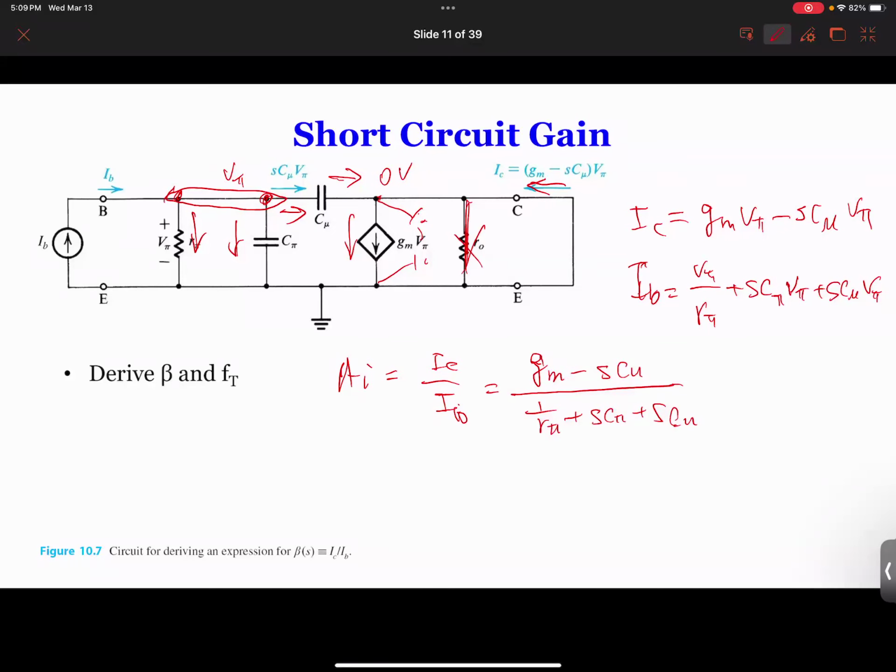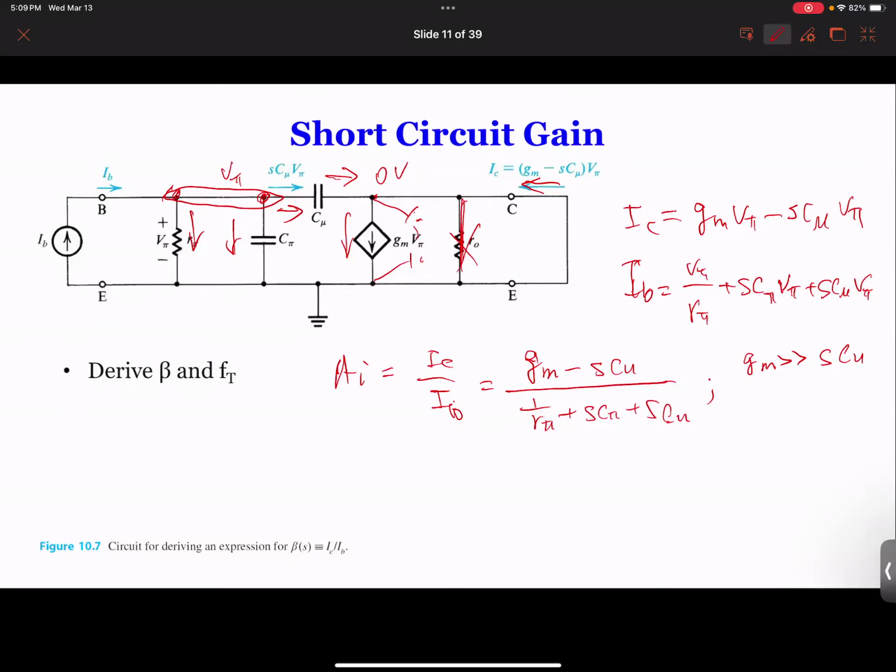If you get the actual numbers, you'll find that gm is much larger than S C mu. gm is quite a large number, and S C mu is very small, even for high frequency operation. So you can neglect it, and the approximate expression is gm.